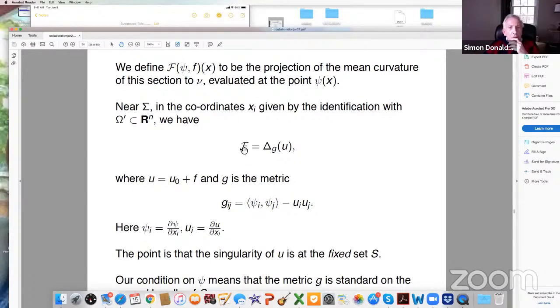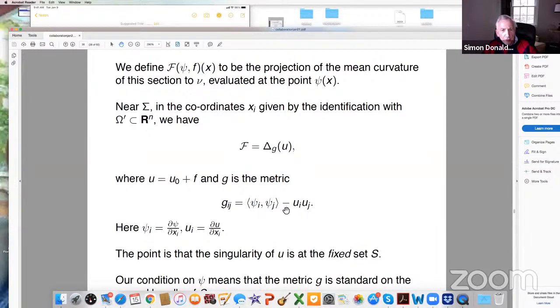And then we can write our equation: F is written as the Laplacian with respect to g of u, where u is given by modifying our original function by adding on f. And the Laplacian is taken using the Riemannian metric, which is given by this. We pull back the Euclidean metric on Rn by this diffeomorphism psi, and then we add the contribution from the vertical direction.